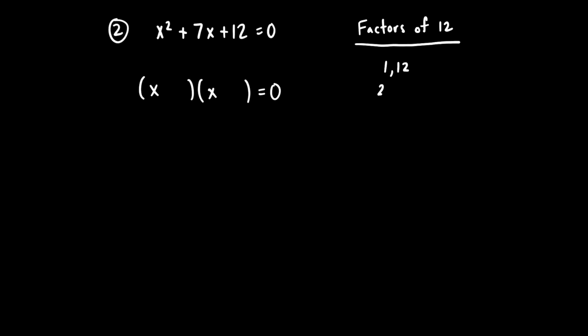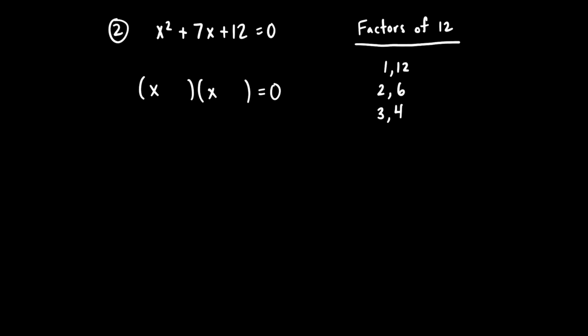So 1 and 12, then 2 and 6, 3 and 4. 5's not a factor, that doesn't work. 6, I've already got 6. 7's not a factor of 12. 8, 9, 10, and 11 don't go into 12. 12 we've already got, and anything more than 12 is not going to go into 12. So these are our factor pairs: 1 and 12, 2 and 6, 3 and 4. We'll erase the 5 who tried to be a factor of 12 but unfortunately wasn't.